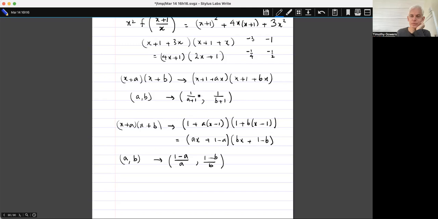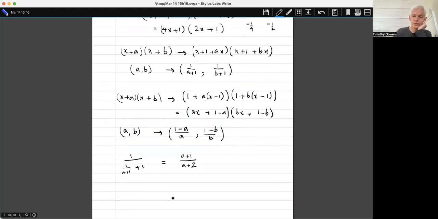Let's just think, if I do 1 over a plus 1 again, so 1 over a plus 1 plus 1 equals a plus 1 over a plus 2, which is a bit troubling. So maybe it's not the group I think it is.